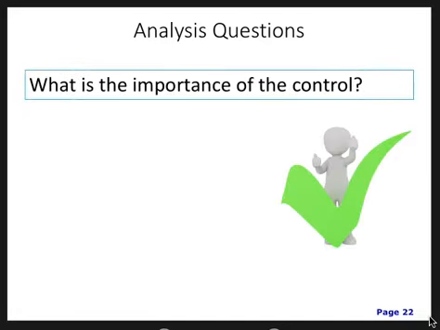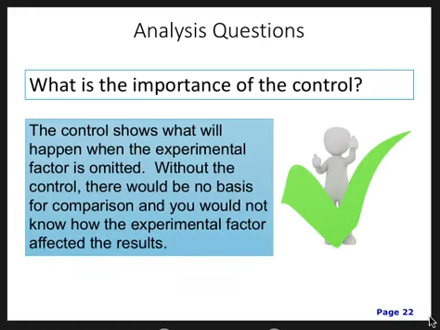What's the importance of a control? Well, that control helps us to tell what will happen if the experimental factor was omitted, i.e. no fertilizer at all. So without the control, I have no basis for comparison. I don't know that the fertilizer makes a difference or not.